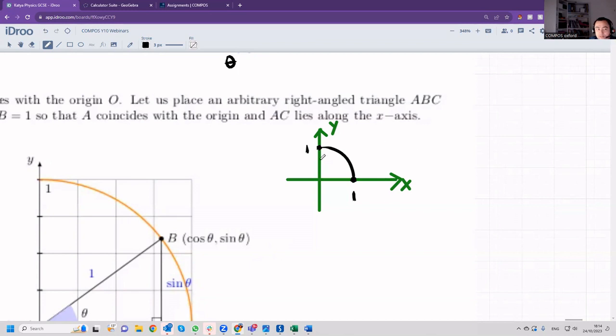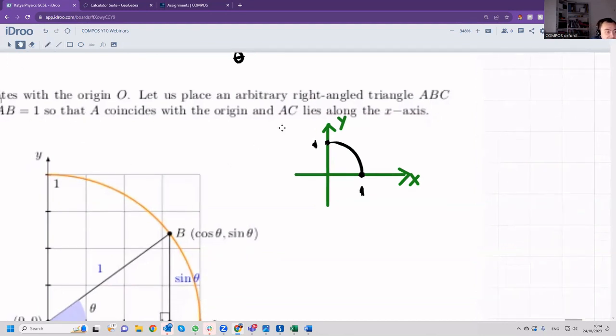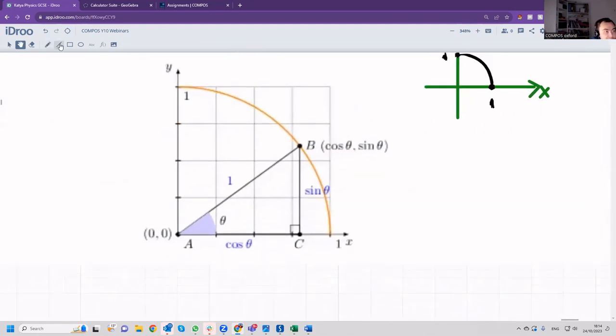There's nothing extraordinary here. And then we draw an angle like this. It could be any angle, the angle theta. And this is 1 because the radius of the circle is 1.